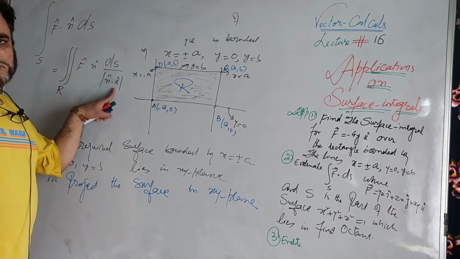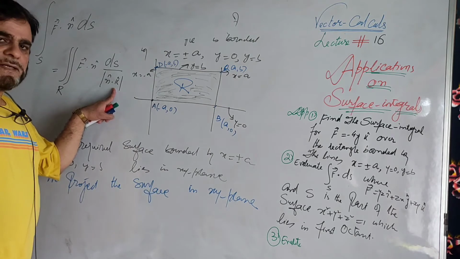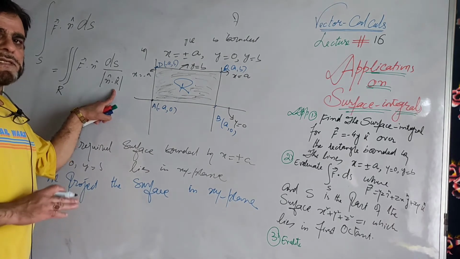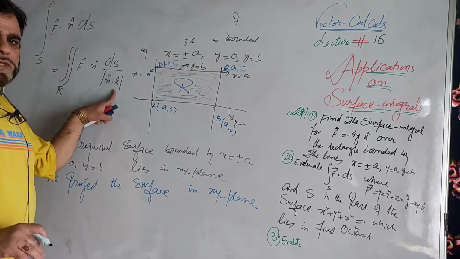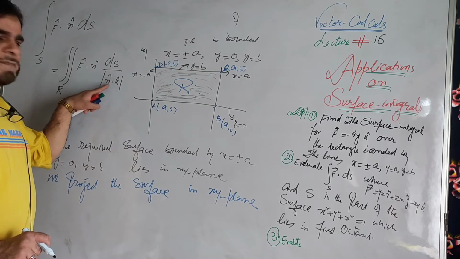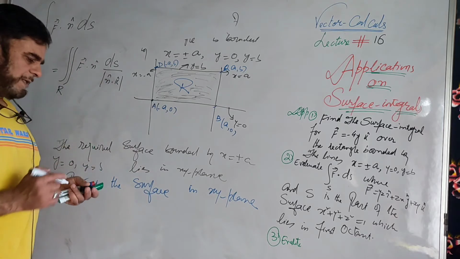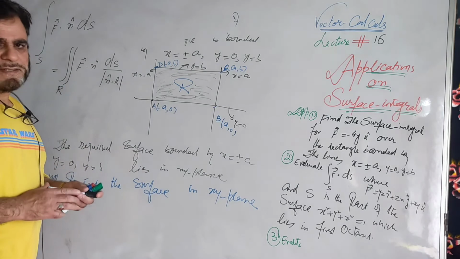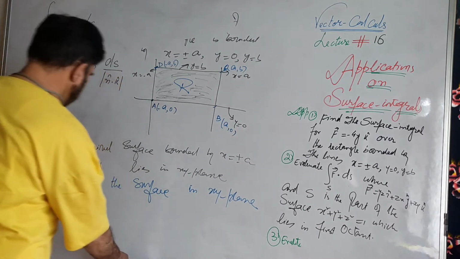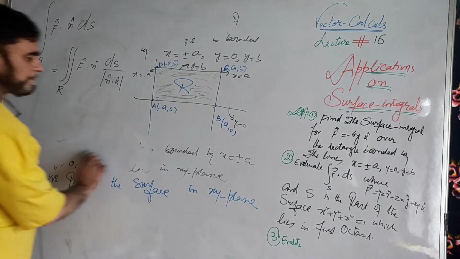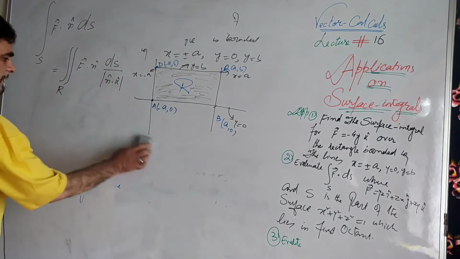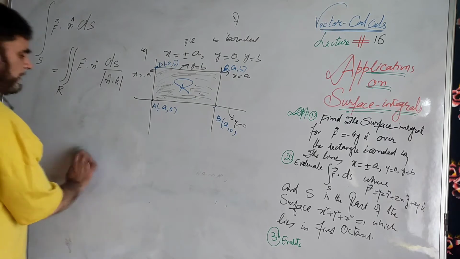I will not throw light on this again and again; we have fully explained this in lecture number 15. Just go there and you will come to know why we write n dot k. If it lies in the yz plane, then this k will change accordingly, because you have to see what the perpendicular there is. Well, we will find this out here.